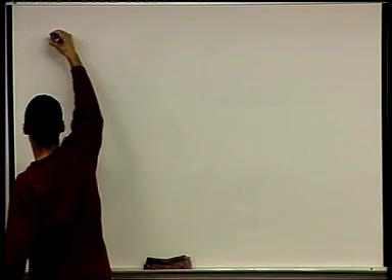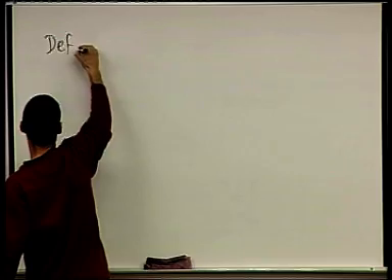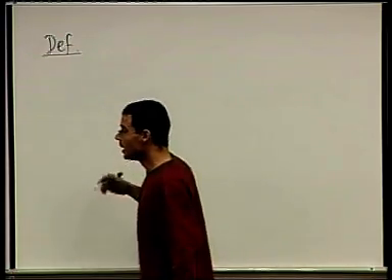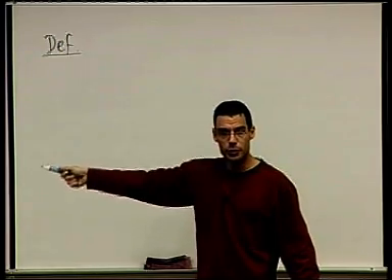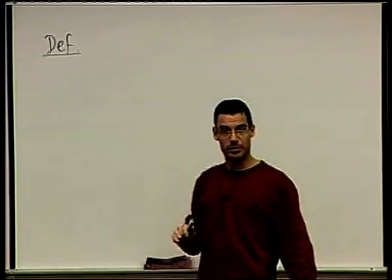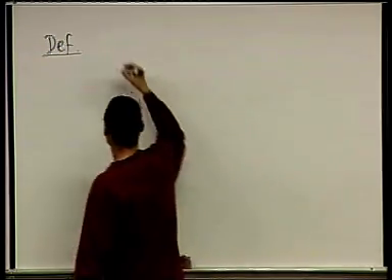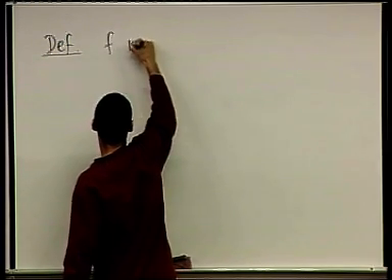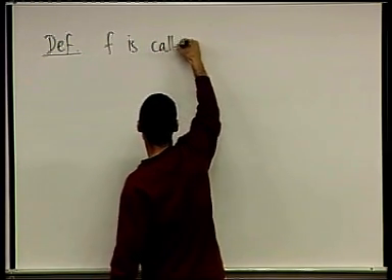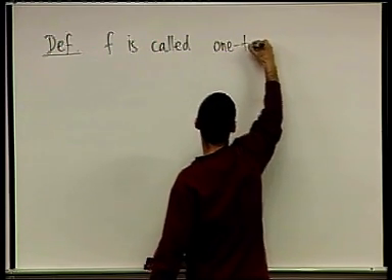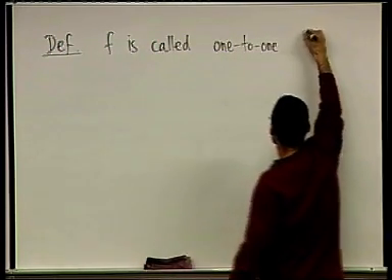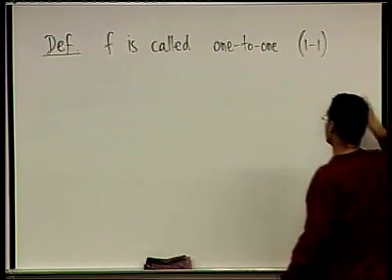There are 2 definitions, and the definitions are going to say what it means for a function not to exhibit those 2 things. Okay? So f is called 1-to-1, sometimes denoted like this.